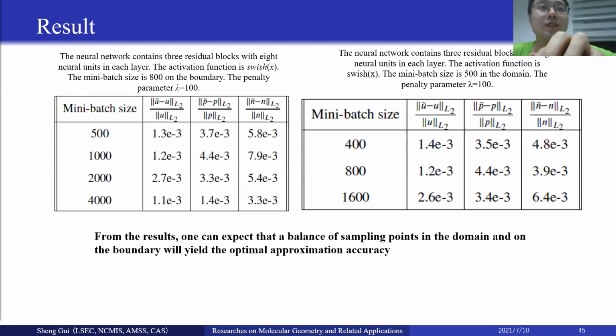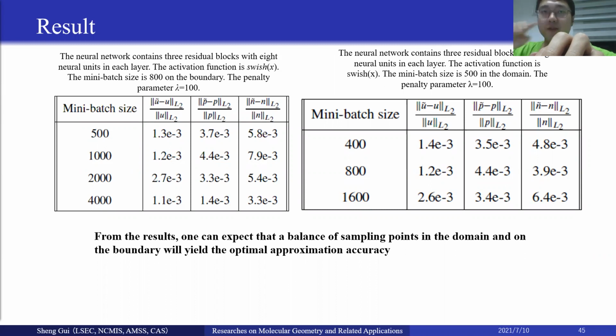recorded in the first table for different mini batch sizes in the domain with a fixed mini batch size on the boundary, and in the second table for different mini batch sizes on the boundary and a fixed mini batch size in the domain, respectively.